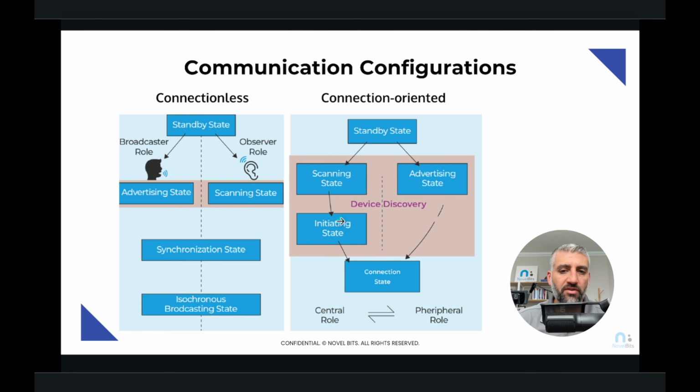When the two devices go into this connection state, they'll be able to do more periodic, more persistent communication, a bidirectional exchange, and they'll know exactly when to communicate with each other. They can transfer a lot more data between each other. In the connectionless state, usually it's a one-to-many configuration where the advertising device wants many devices to be able to discover it and read the data that it's broadcasting.